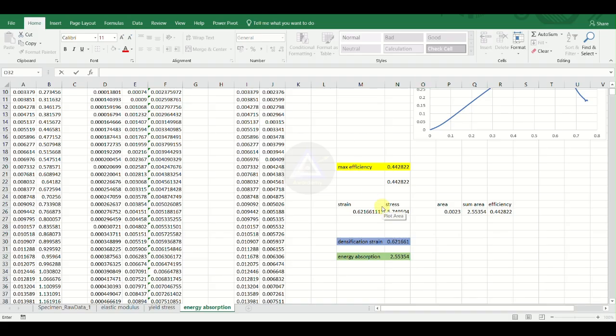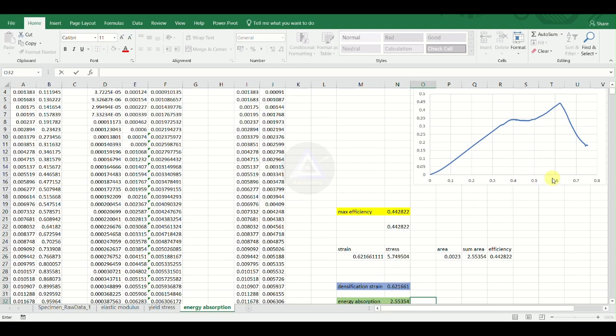Now come back to our discussion. What value is left? That is the plateau stress. So what is plateau stress? It is the average. There are various standards. Either you can take the average of stress from 20 percent to 40 percent of strain, following standards like ASTM and ISO.